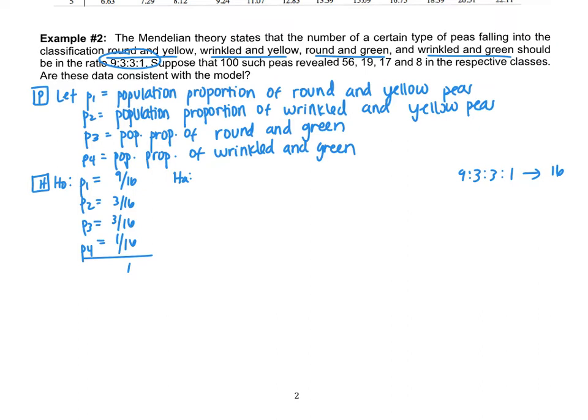So your alternative is going to be at least one of the above proportions is incorrect. So that's a nice thing with a goodness of fit test. That will always be your alternative. Always.